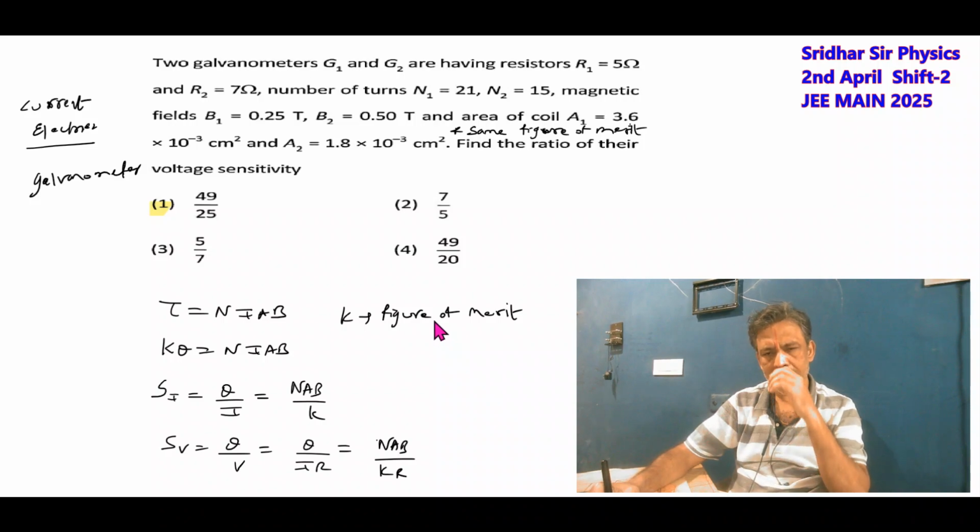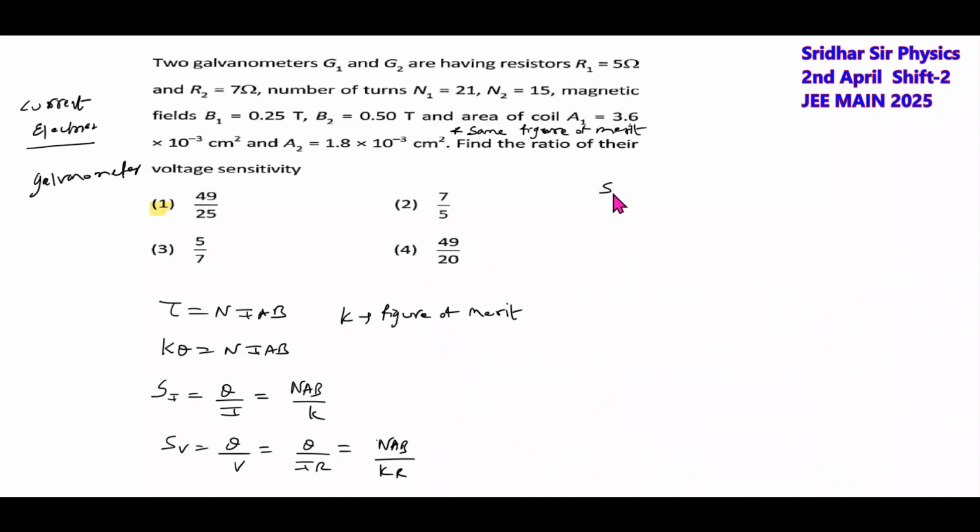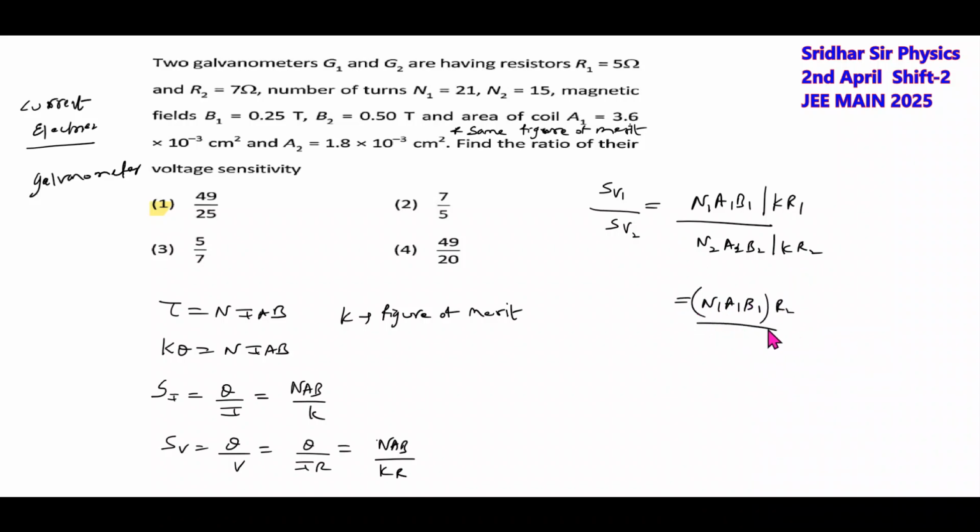Now it's asking the ratio of the voltage sensitivities, SV1 by SV2. It will be equal to N1 A1 B1 by K R1 divided by N2 A2 B2 by K R2. So everything becomes N1 A1 B1 R2 by N2 A2 B2 R1.